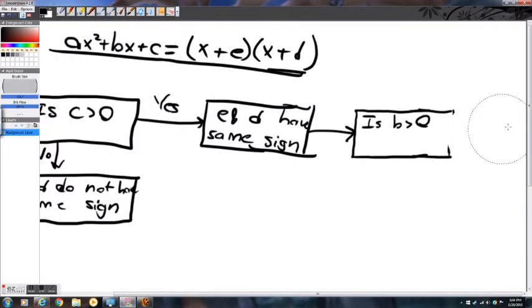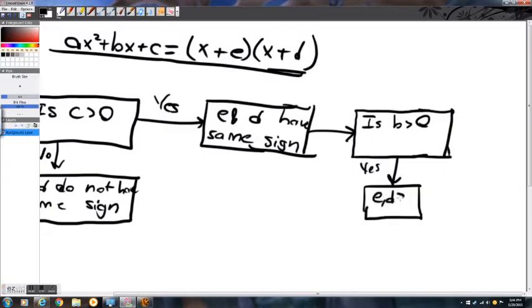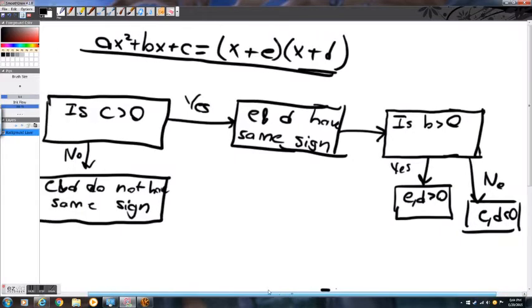If yes, e and d are greater than 0. No, e and d are less than 0.